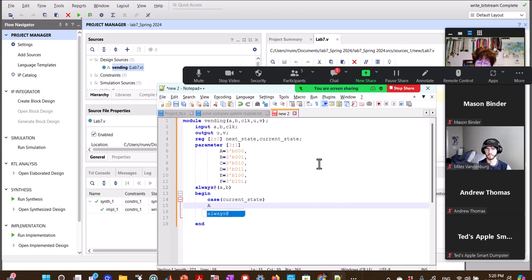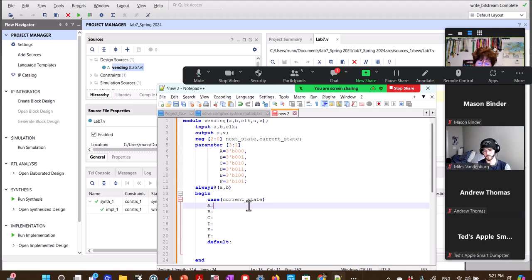And we'll have A, B, C, D, E, F, and default. And we have to put the default in because we're not using up all of our variables.